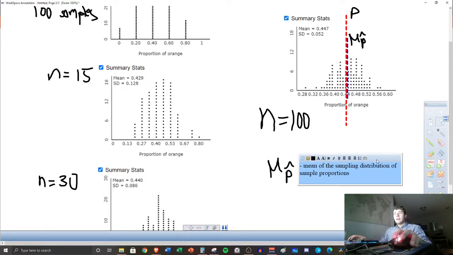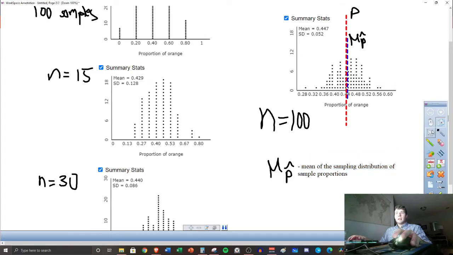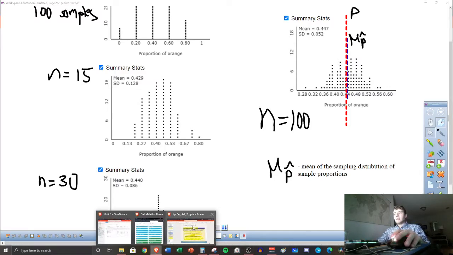So write that down. On your next test, by the way, there will be a section dedicated to naming the symbols. I'm actually going to send out a quiz practice for that probably later this week. But you have to know how to name all these. If you see the symbol, you know, oh, that means the mean of the sampling distribution of sample proportions. So that's something you'll need to know.